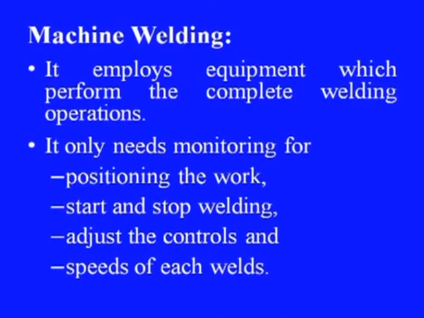Then finally, the machine welding method. This employs equipment which performs the complete welding operations. It only needs monitoring for positioning the work, start and stop welding, and adjusting the controls and speeds of each weld.